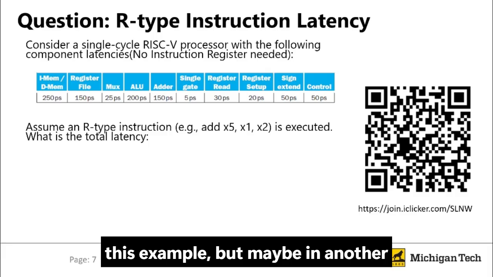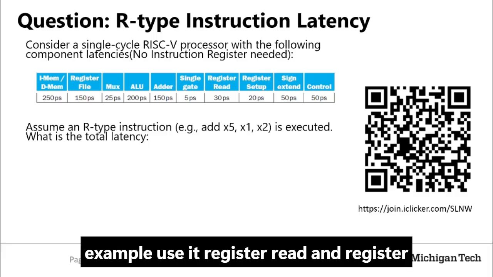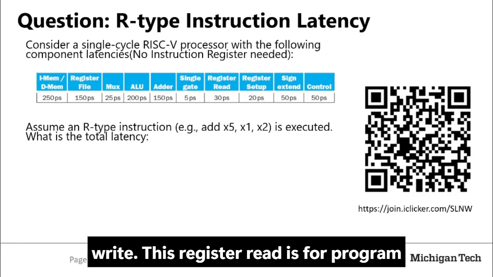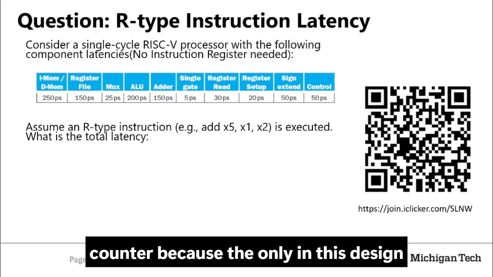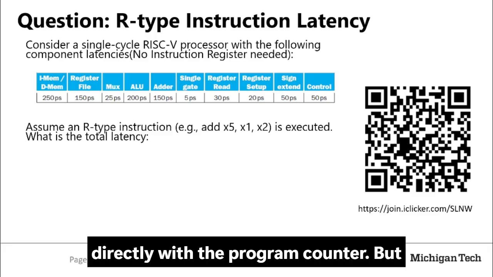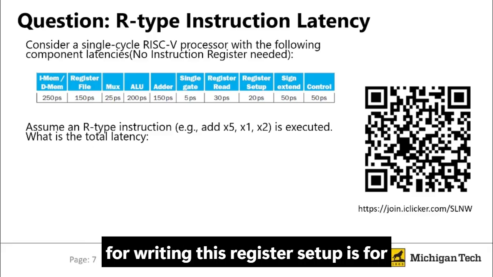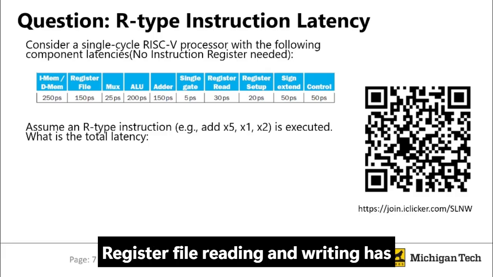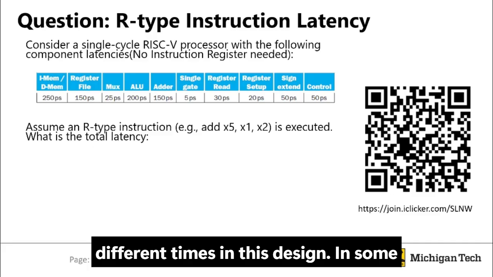Then register read and register setup. Register setup means register write. Register read is for the program counter, because in this design the only register we work with directly is the program counter. But this register setup is for writing in the register file as well. Register file reading and writing have different times in this design.